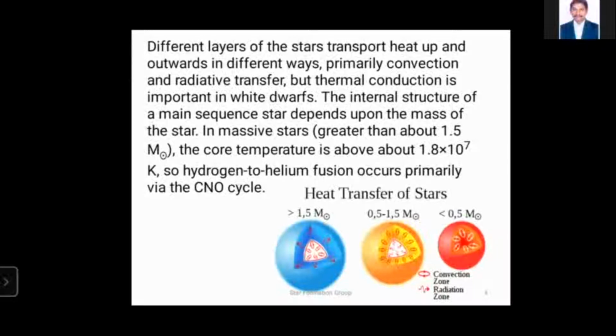Low mass stars have radiative cores and convective envelopes, and high mass stars have convective cores and radiative envelopes.